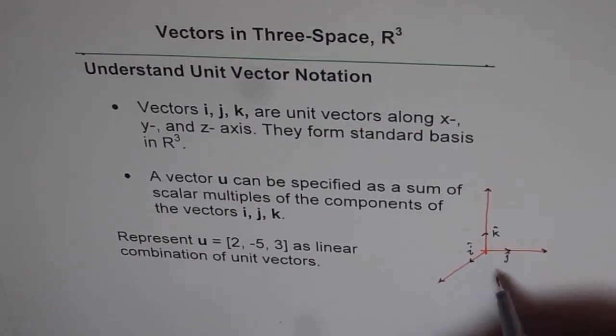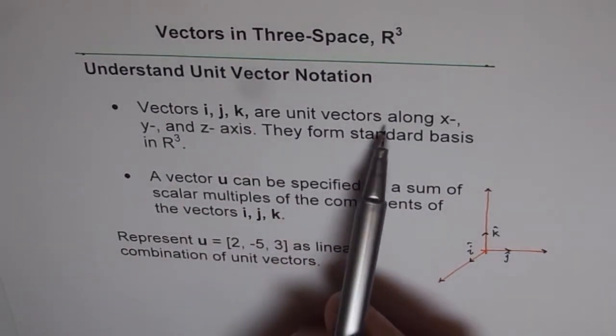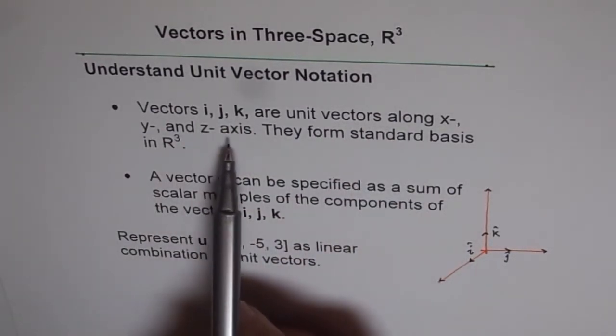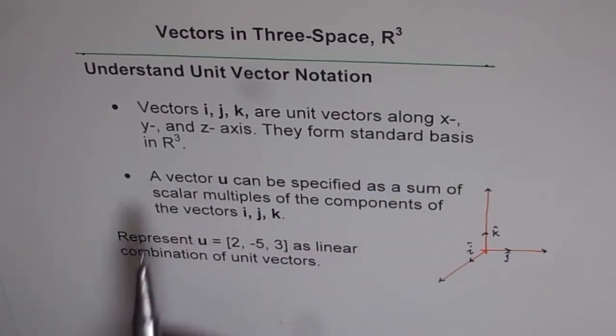So let's summarize this. Vectors i, j, k are unit vectors along the x, y, and z axes. They form standard bases in R3. When we say they form standard bases in R3, that means any vector whatsoever in R3 can be written as a linear combination of i, j, k.